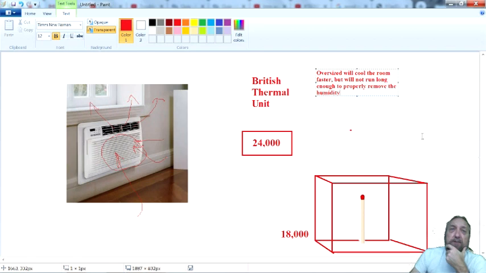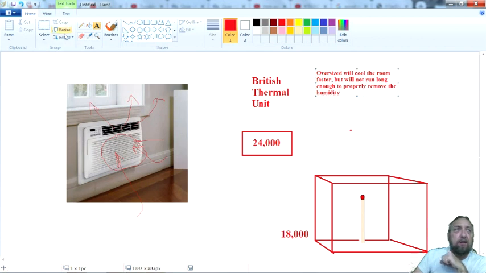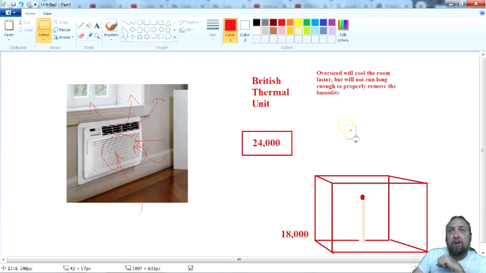Okay, part of the rating of the air conditioner is, yes, it's going to remove the heat from the room. And part of the heat in the room is not only the air, but the humidity within that air. If you get an oversized air conditioner, like let's just say, wow, it's 90 degrees outside and the AC in my house really isn't cooling that well, I'm just going to get a bigger unit. Well, what happens if you go too big, the unit shuts off very fast.